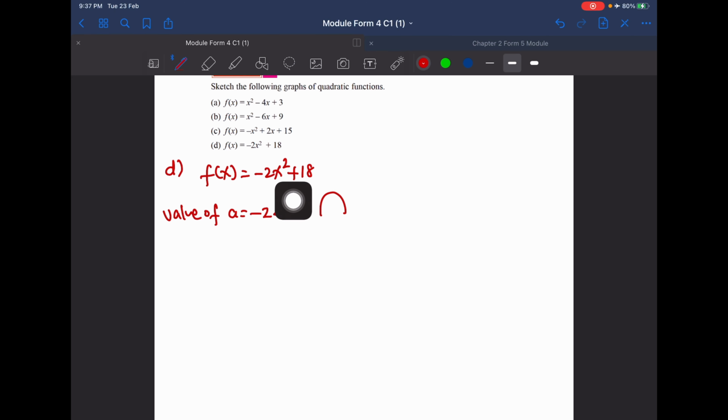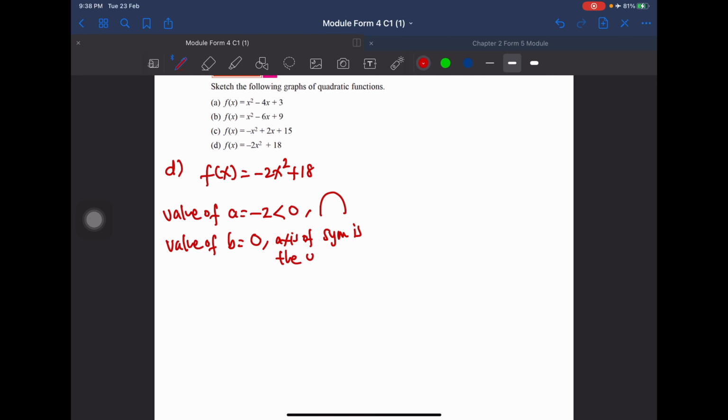From this equation, kita tengok A negative 2, C 18, B tak ada kan? So, value of B is actually equals to 0. Okay? So, when B kita sama dengan kosong, so maksud dia axis of symmetry is the y-axis.